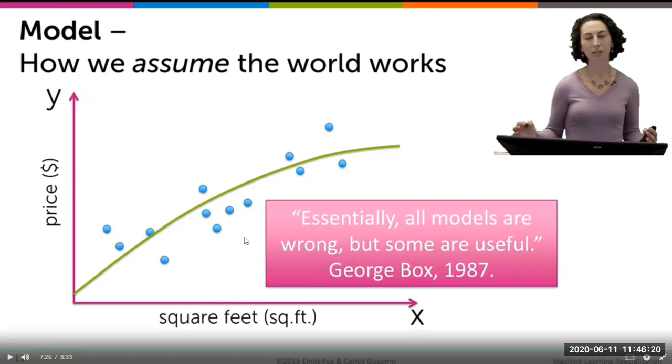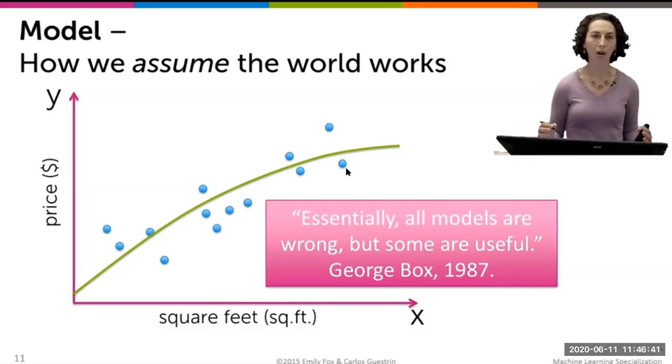So that's your model, the model of reality, or the model of the price. But we say there's this model, and we don't expect all the dots to fall perfectly on the model. Essentially, all models are wrong, but some are useful.